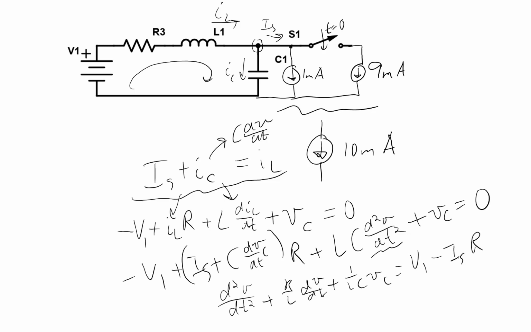And this looks a whole lot like the series equation that we found. In fact, the only difference really is the inclusion of this IS R term. Hopefully you can see that if you were to write down a characteristic equation, make the assumption this is A e to the st or something like that, that this would obviously have the same sorts of behavior as the series circuits that we've worked with before.